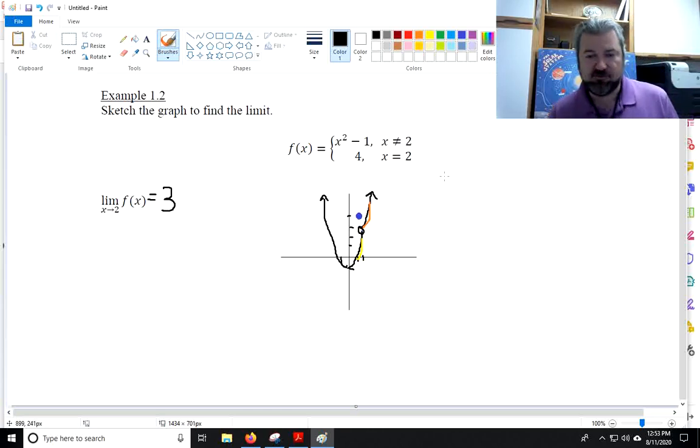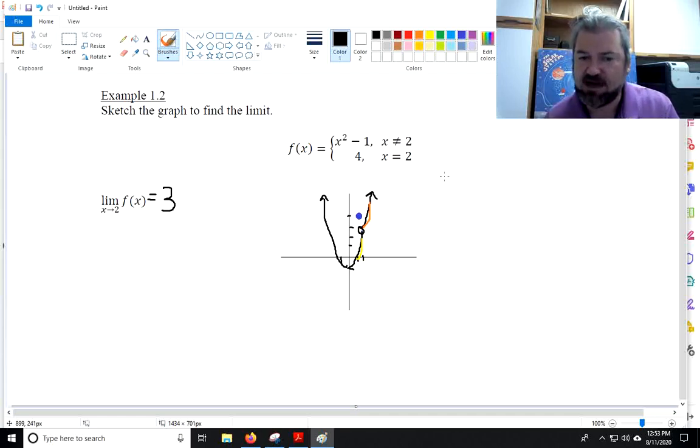The value of the function at x equals 2 is 4. In the previous couple of problems, we saw that the value at the limit was undefined. This time it's defined, but it's a totally different number. And that's fine, because the value of a limit is not dependent on what the value of the function is at that number. It's what the function is going to as x is going to that number.